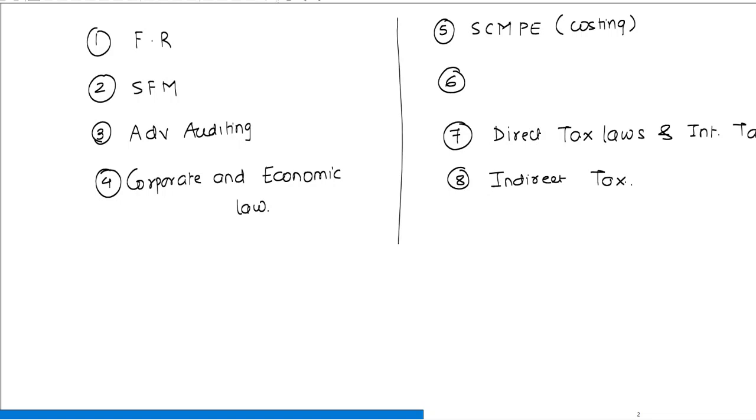Now, if I talk about the time from when you cleared your CA inter examination till the time you appear for the CA final examination, you have spent the maximum time of this period in your articleship. In your articleship, you have gained some knowledge.